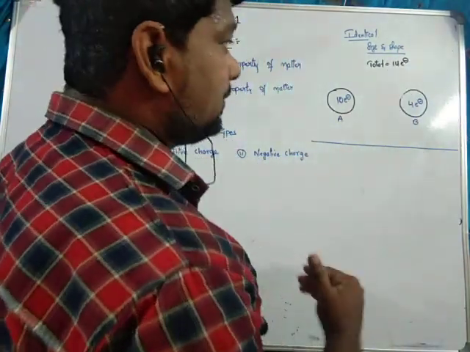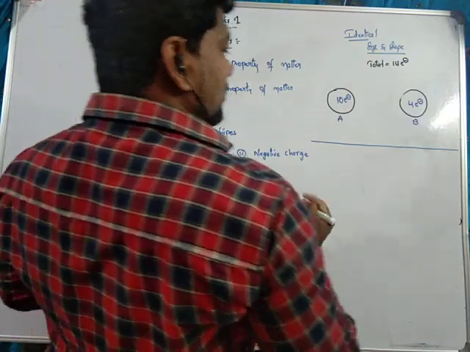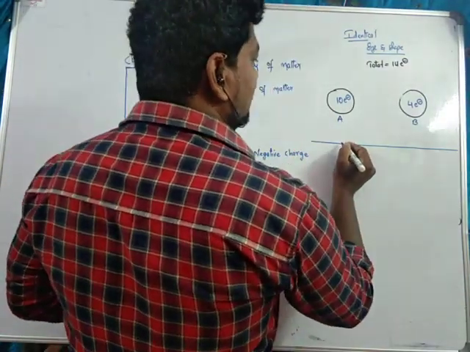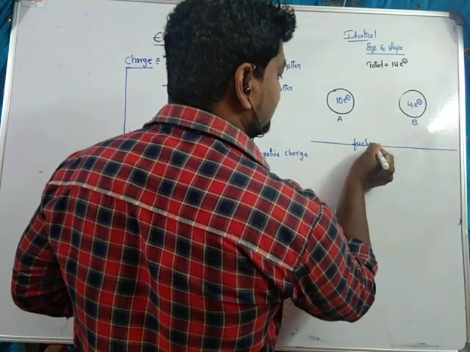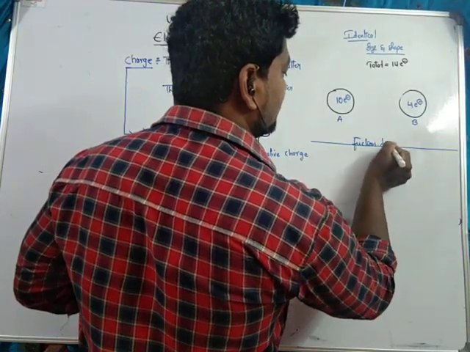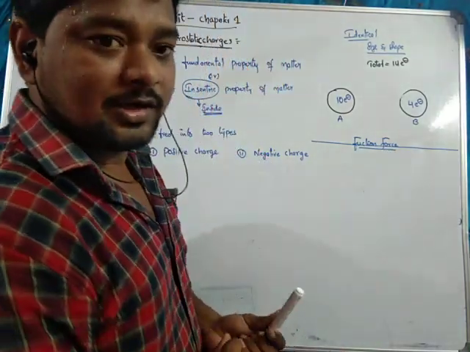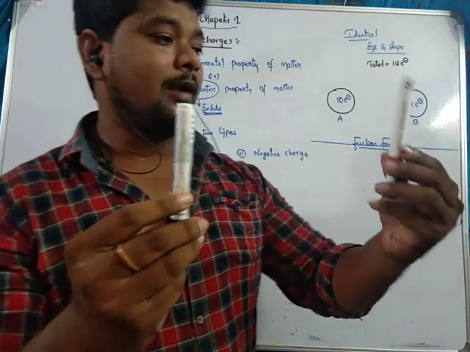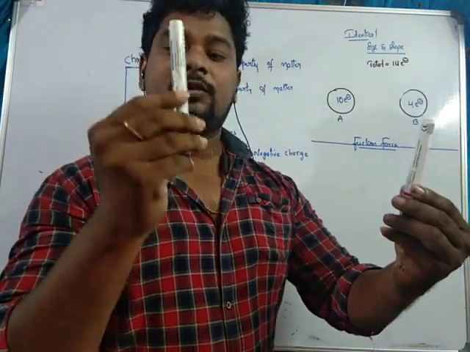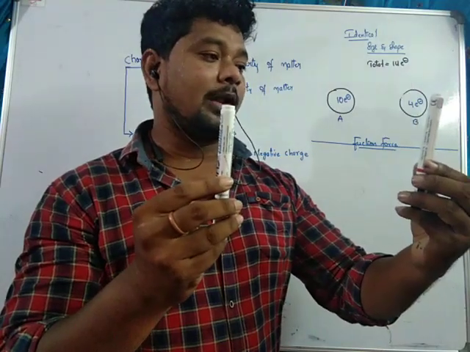Now suppose we are applying some frictional force. Already we know about frictional force. Here we have atom 1, here atom 2. So this is A, this is B. Here we have 10 electrons, here 4 electrons.